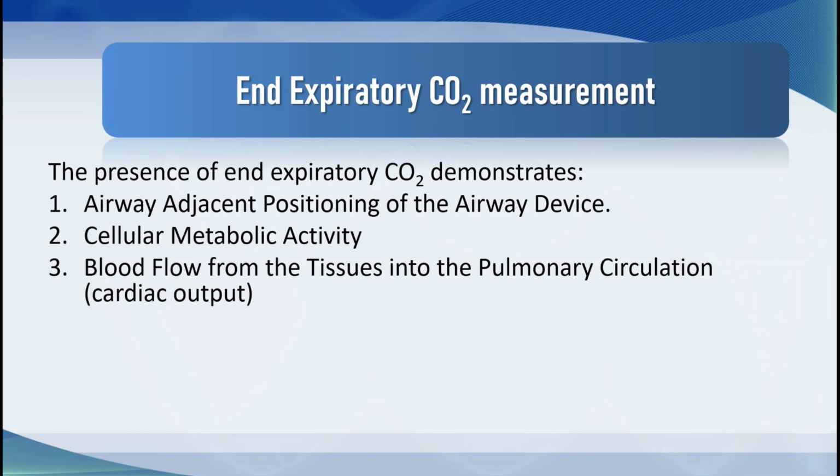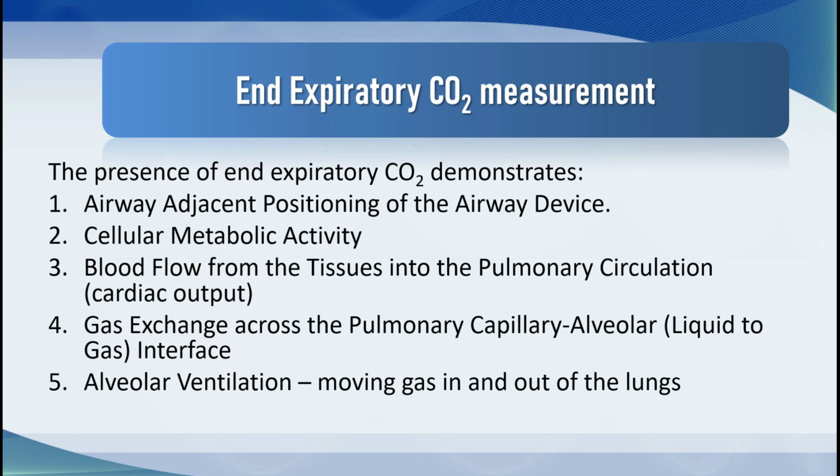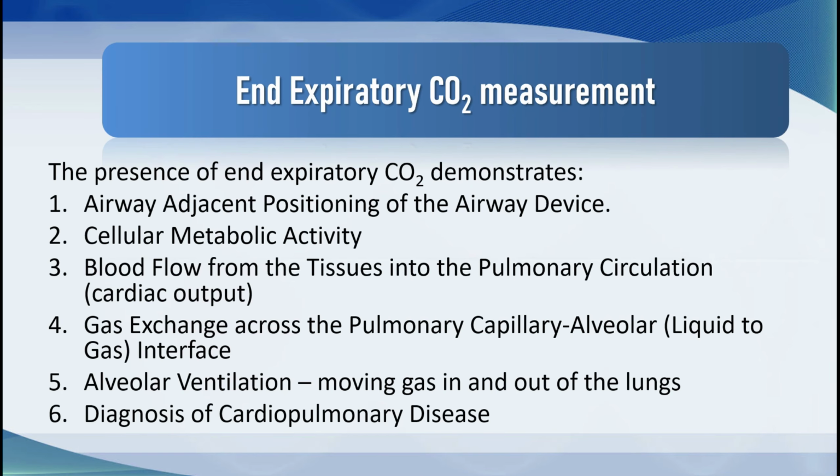Remember, the cells make CO2 and the venous side of the circulation transports that CO2 to the lungs. Without blood flow, the CO2 doesn't arrive in the lungs. It also demonstrates gas exchange across the pulmonary capillary alveolar interface, and alveolar ventilation, that is moving gas in and out of the lungs, and finally it can be used for diagnosis of cardiopulmonary disease.